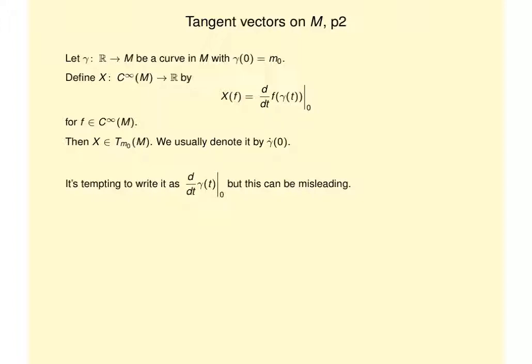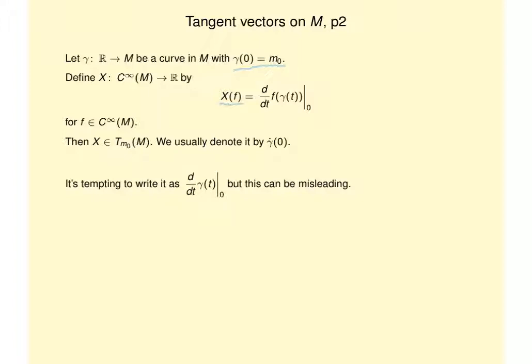Now, here's the other formulation that works on Rn. That's to say, derivatives of curves. Suppose we've got a curve gamma in M, and suppose that it goes through the point m0 at time t equals 0. And I define a capital X, which is going to be a tangent vector, by saying that capital X operated on a function f is the derivative of f composed with gamma.